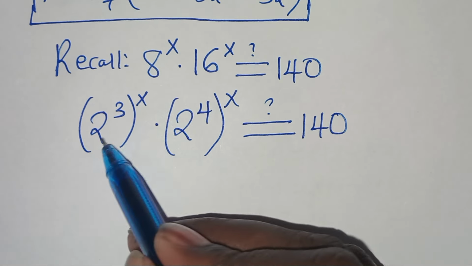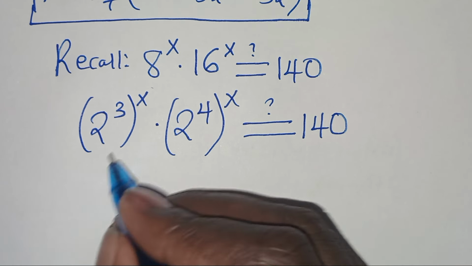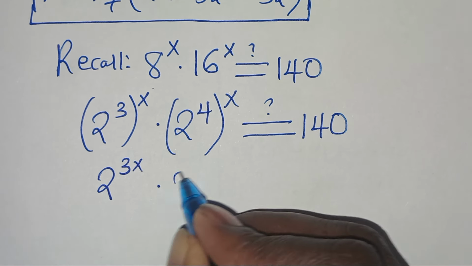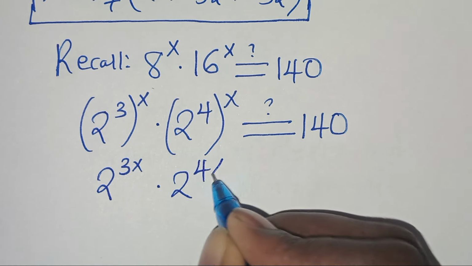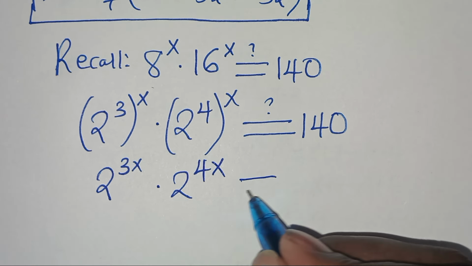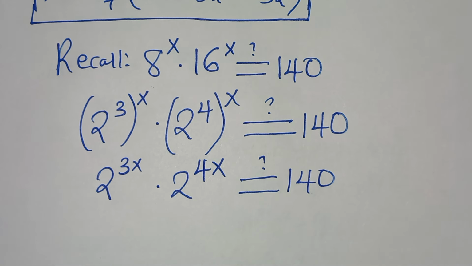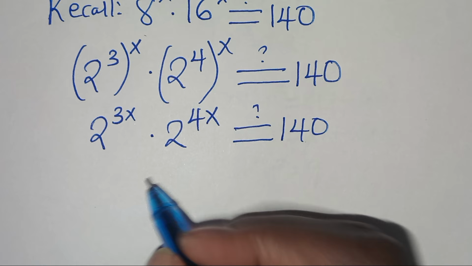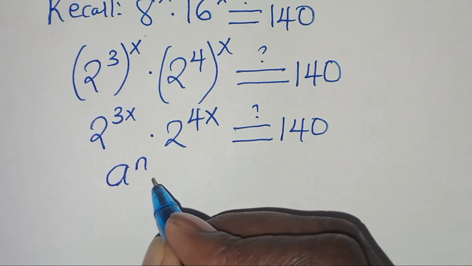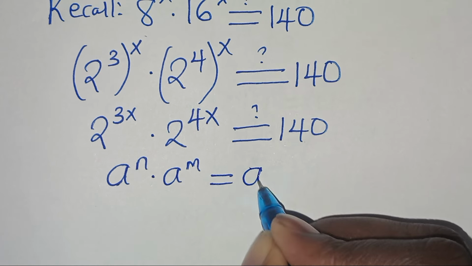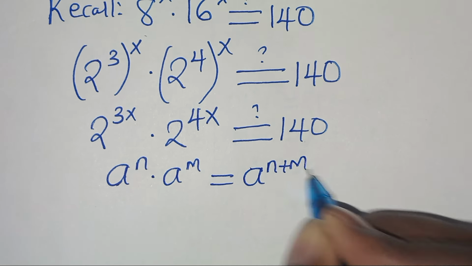So now here we have 2 to the power of 3 to the power of x. This can be expressed as 2 to the power of 3x times 2 to the power of 4x. This is supposed to give us a value of 140. So this is in the form of a to the power of n times a to the power of m, which we can express as a to the power of n plus m.